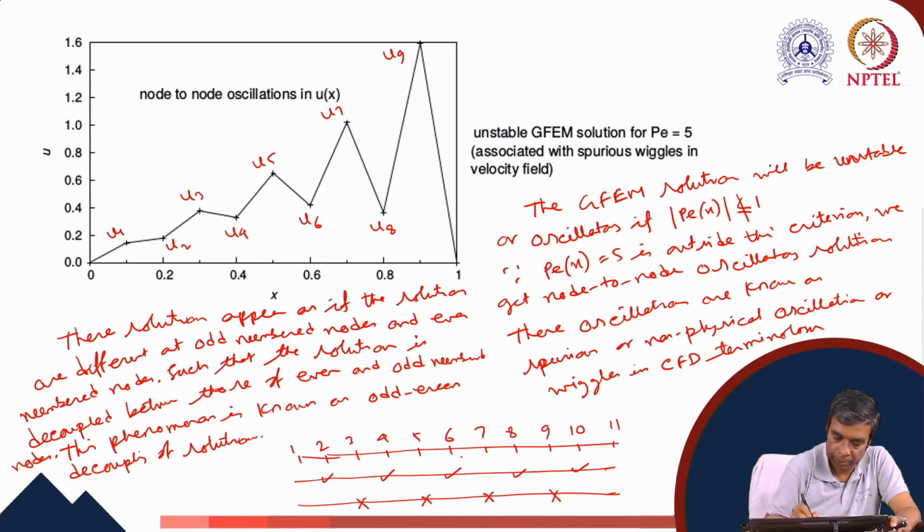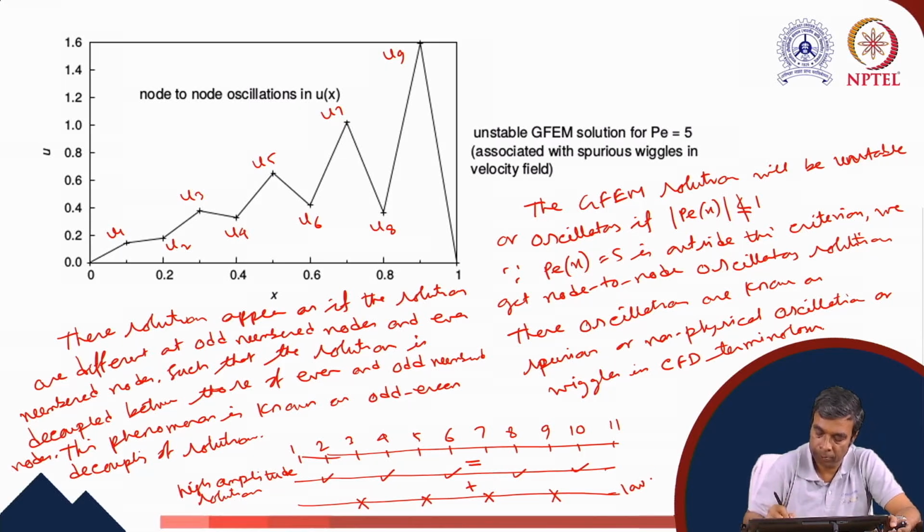So here we have, this is as if high amplitude solutions, and here we have low amplitude solutions. The first case where I have put tick marks, they correspond to even number nodes.